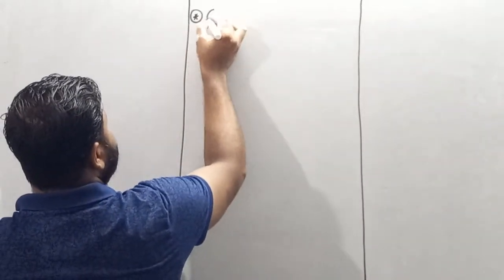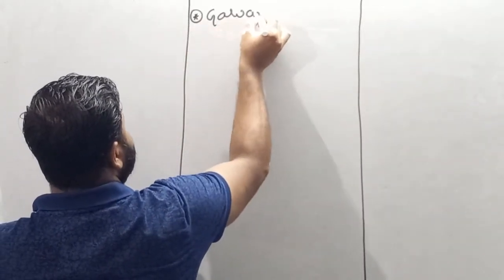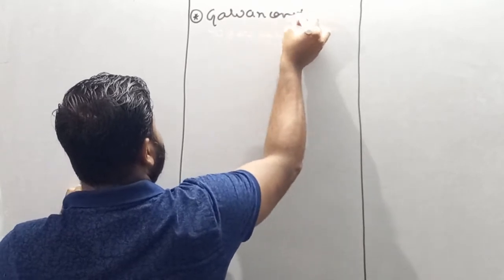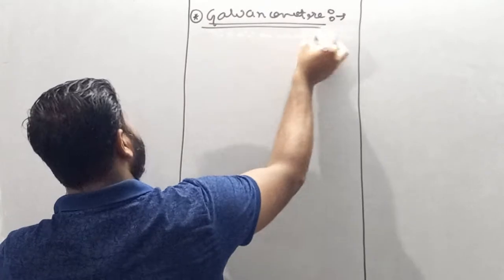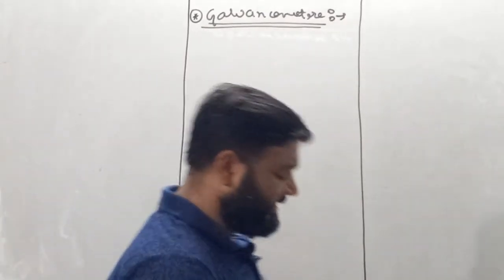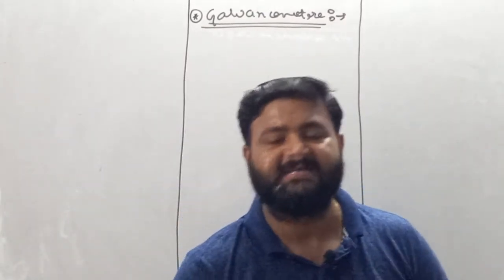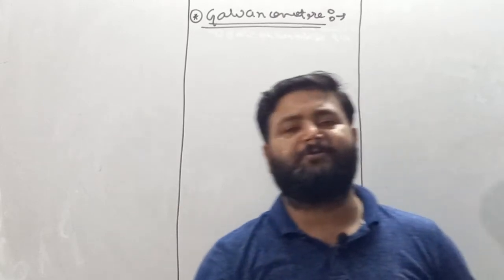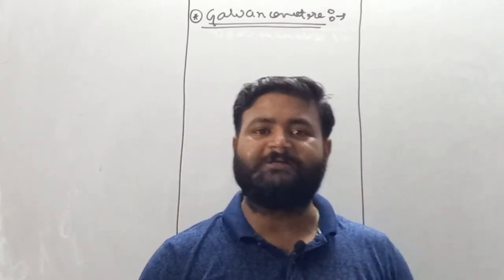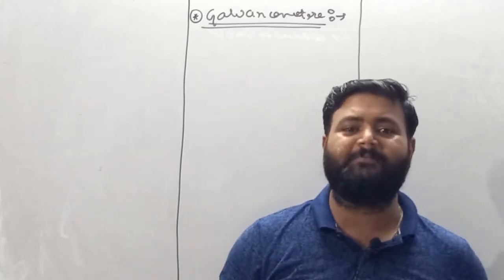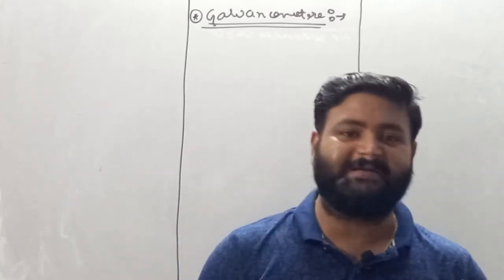So what actually is a galvanometer, dear student? See, a galvanometer is basically a primary device. Why can we say galvanometer is a primary device? Because with the help of a galvanometer we can make an ammeter as well as a voltmeter, dear student. So galvanometer is basically an important instrument.